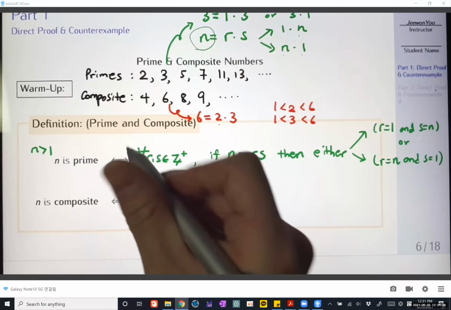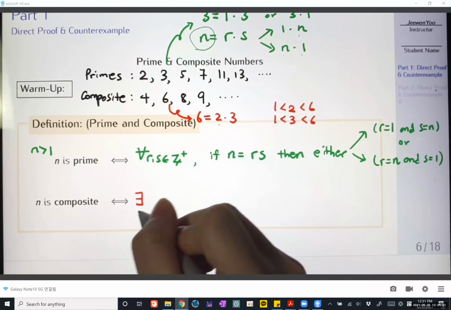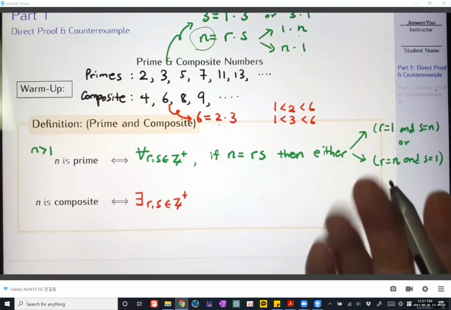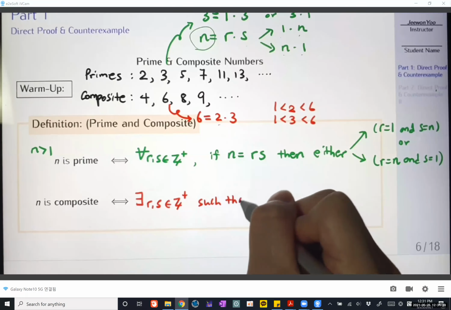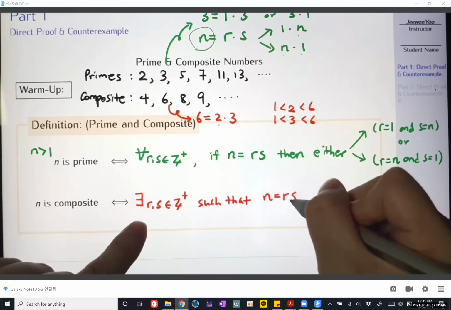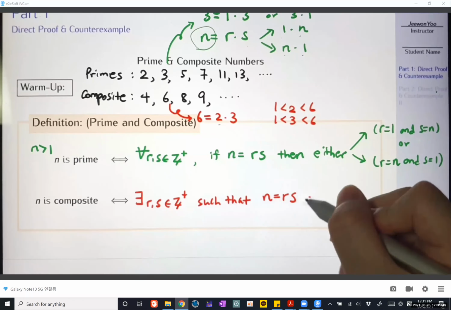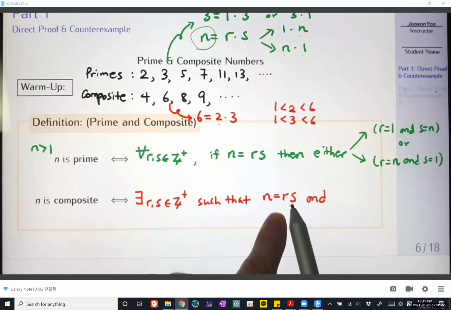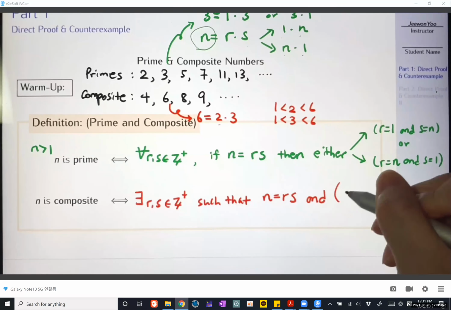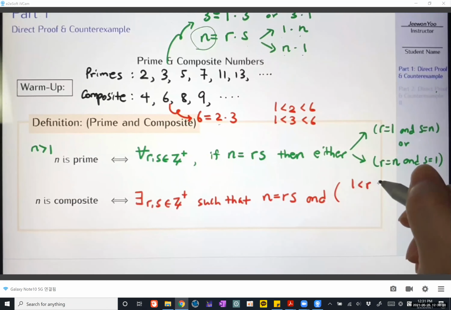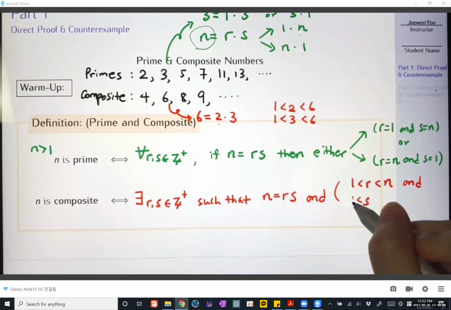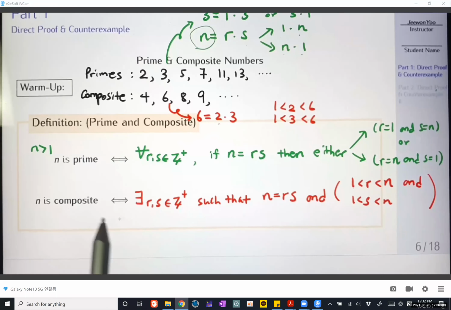There exists a pair of numbers r, s in the set of positive integers such that if you can represent n to be the product of r and s, and r is greater than 1 and less than n, and s is greater than 1 and less than n, then we can say n is composite.